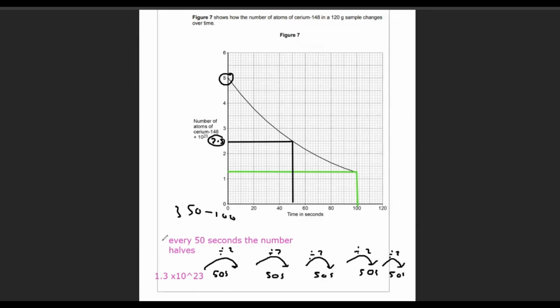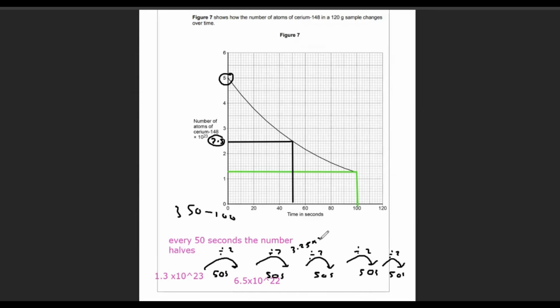I'm going to write the numbers in, even though it's a pain. So I'm going to get 6.5 times 10 to the 22 here. Now I'm going to divide by 2 again and we're going to get 3.25 times 10 to the 22.